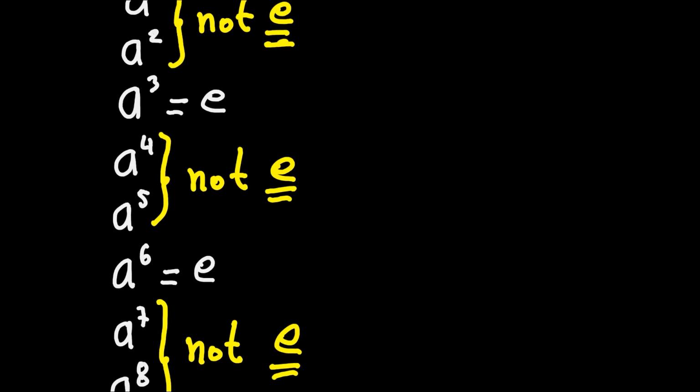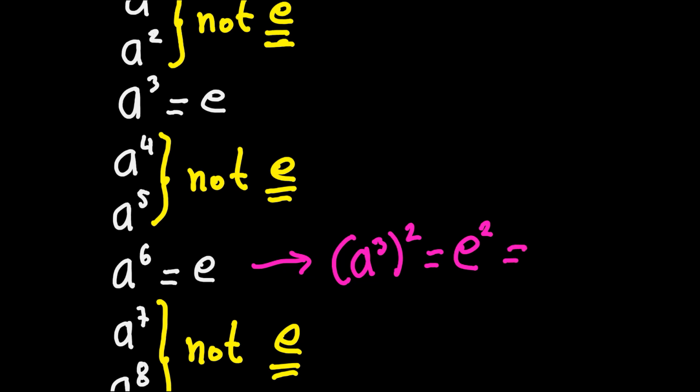Now, A to the 6 is the identity. And how do you know that? Well, A to the 6 is A cubed times A squared. By properties of exponents, you can write A to the 6 as A cubed times A squared, and A cubed is the identity, so it'll give you e squared, which is e.